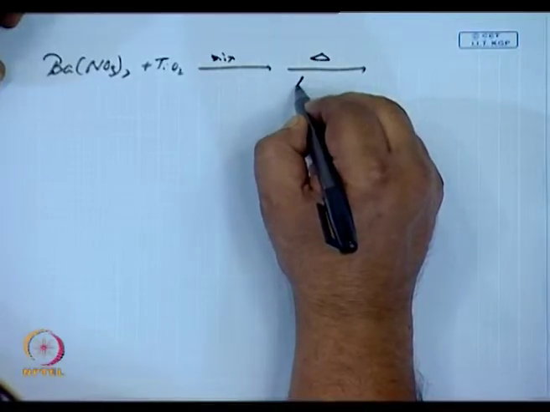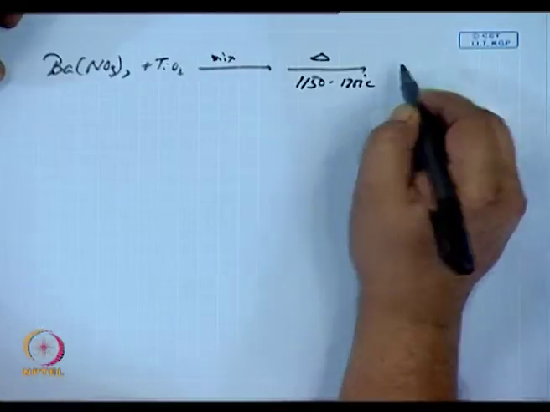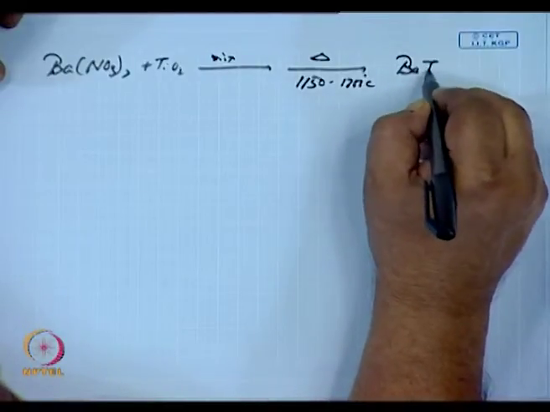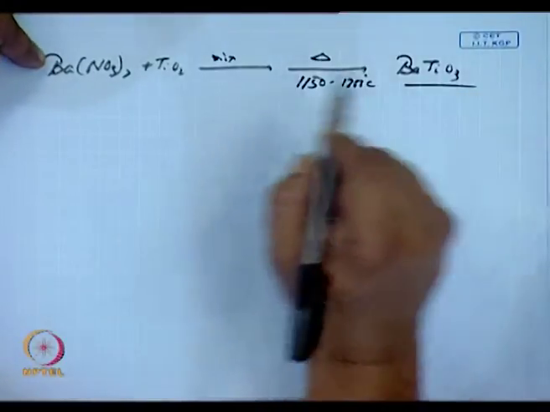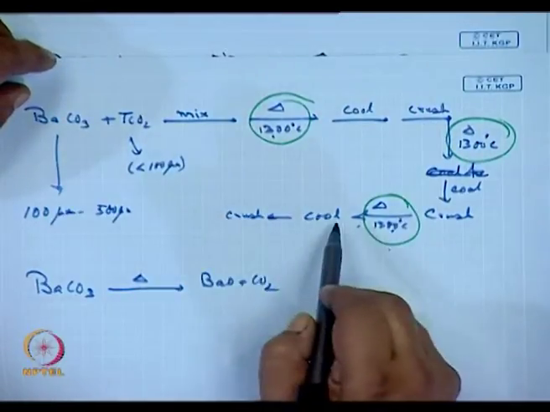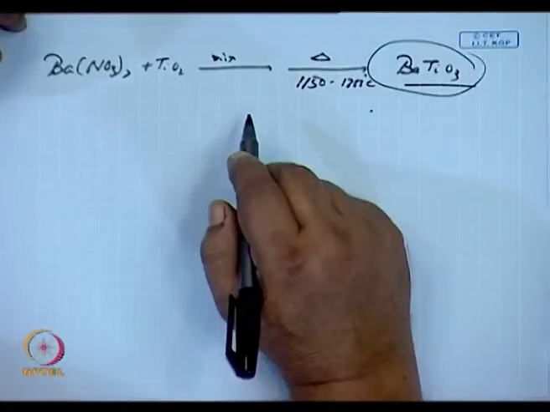If they are heated at 1150 to 1200 degrees centigrade, you get barium titanate straight away. Unlike in the case where I had used barium carbonate, I had to undertake 3 unit operations. Here a single step is sufficient to give me barium titanate.